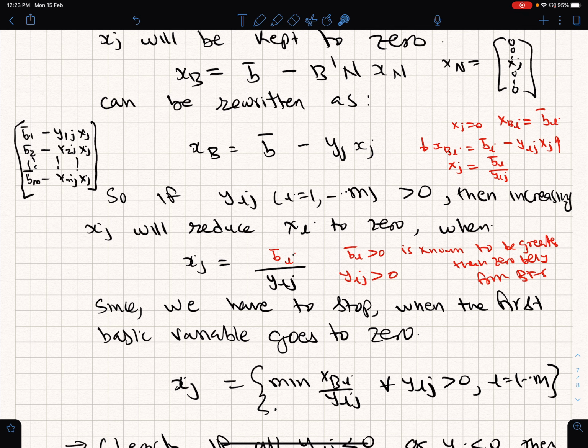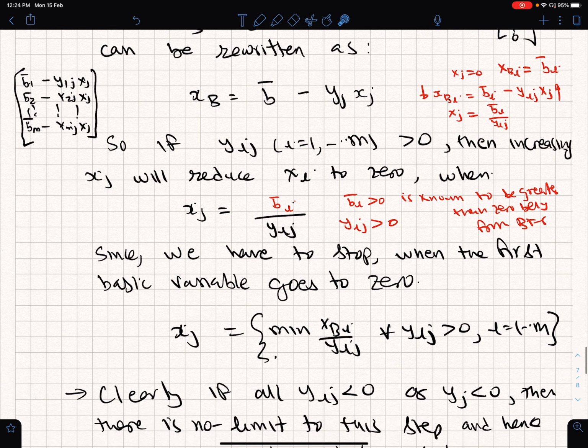It will become 0 when bi bar minus yij xj is 0, which means xj will become bi bar by yij. So that's when it will become 0.